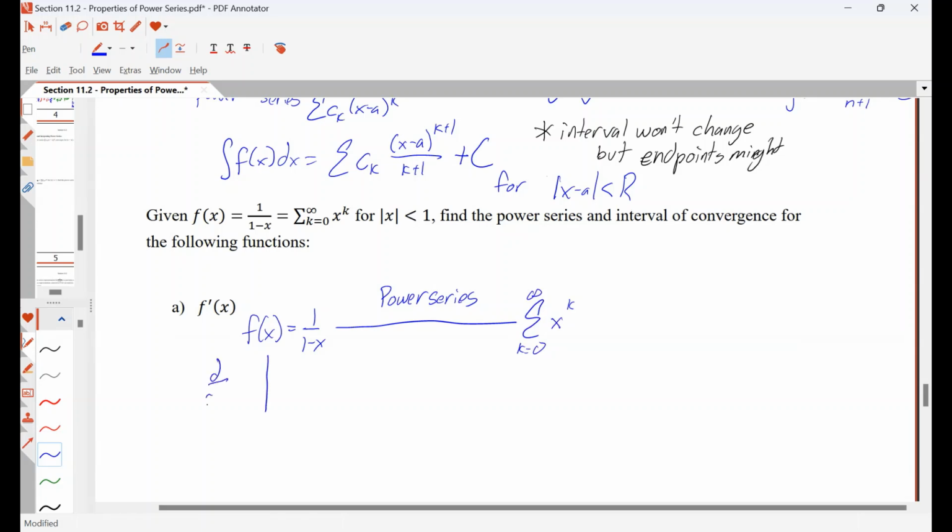If we take the derivative, f prime of x is going to be equal to 1 over 1 minus x squared by the chain rule. I encourage you to make sure you know why that's positive and not negative.